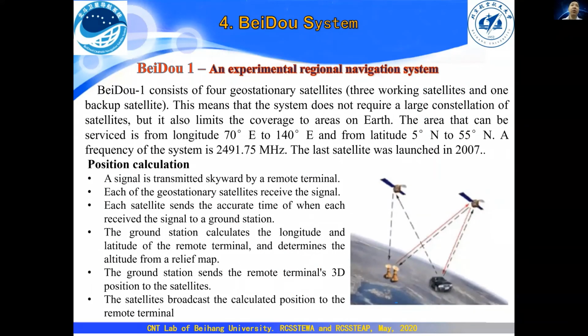Beidou 1 is an experimental regional navigation system. It used mainly 3 satellites and 1 backup. Actually there are 4 satellites, but 3 are main and 1 is backup, to give you position. Only 3 satellites, and it only served the Chinese mainland area. Also it is an active positioning technology, not a passive technology.